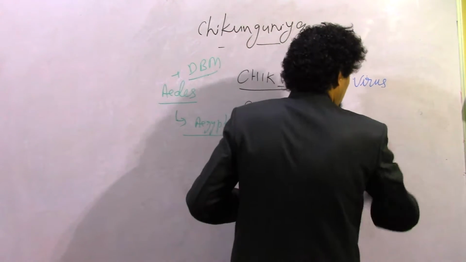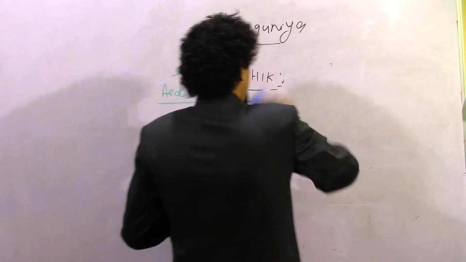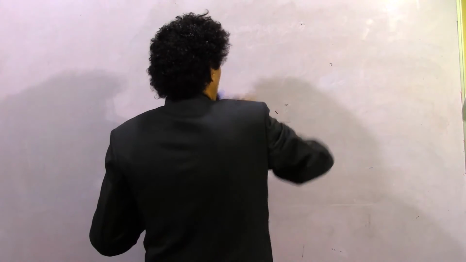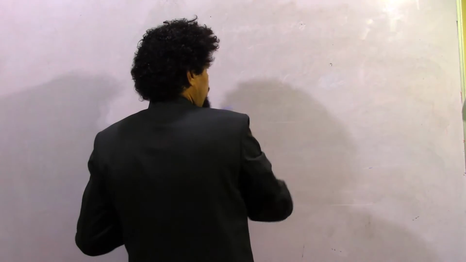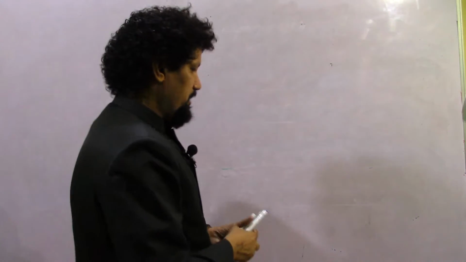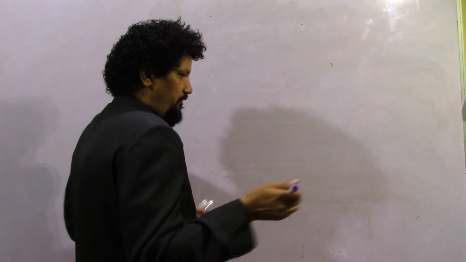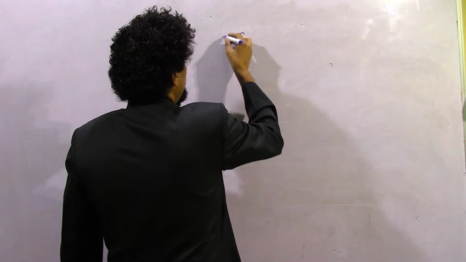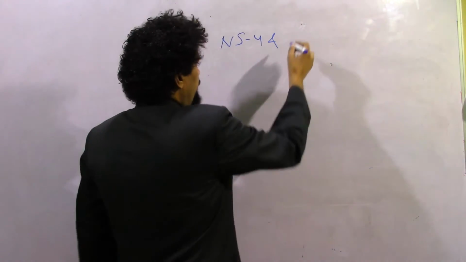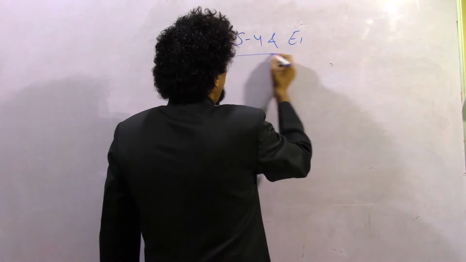The chikungunya virus is divided into 3 groups on the basis of the partial sequence of the genetic material, according to the sequence of the NS4 and E1 genes.